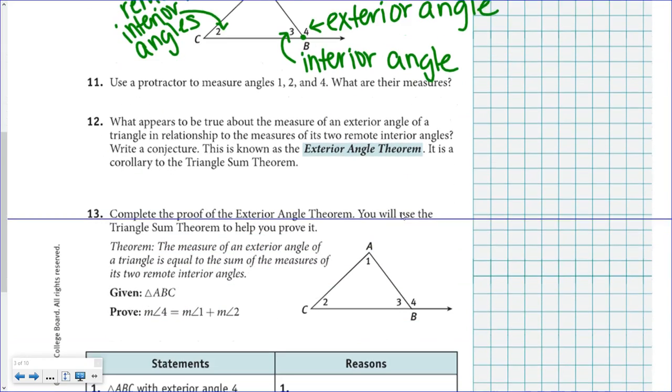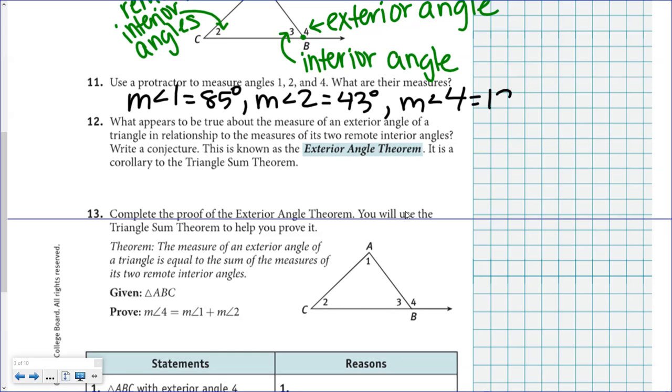So when it says use the protractor, we're going to measure them. The measure of angle 1 is 85 degrees. The measure of angle 2 is 43 degrees. The measure of angle 4 is 128.